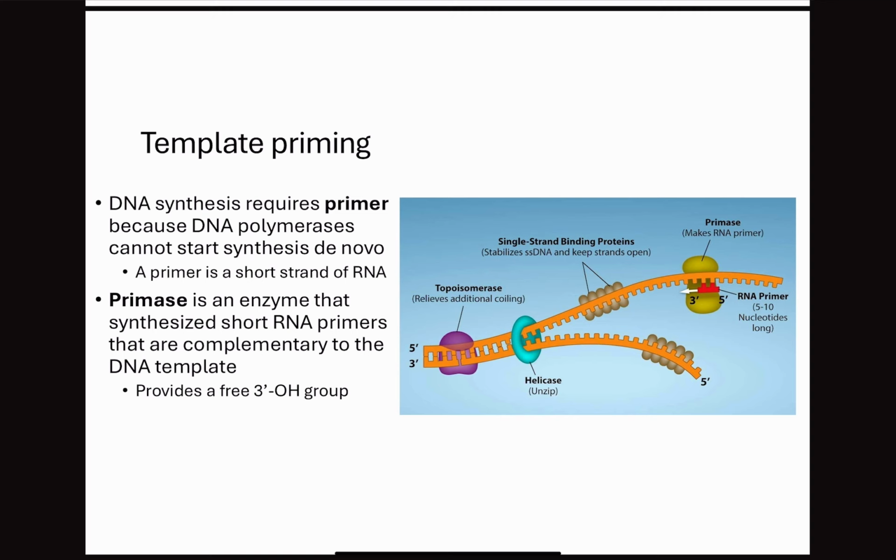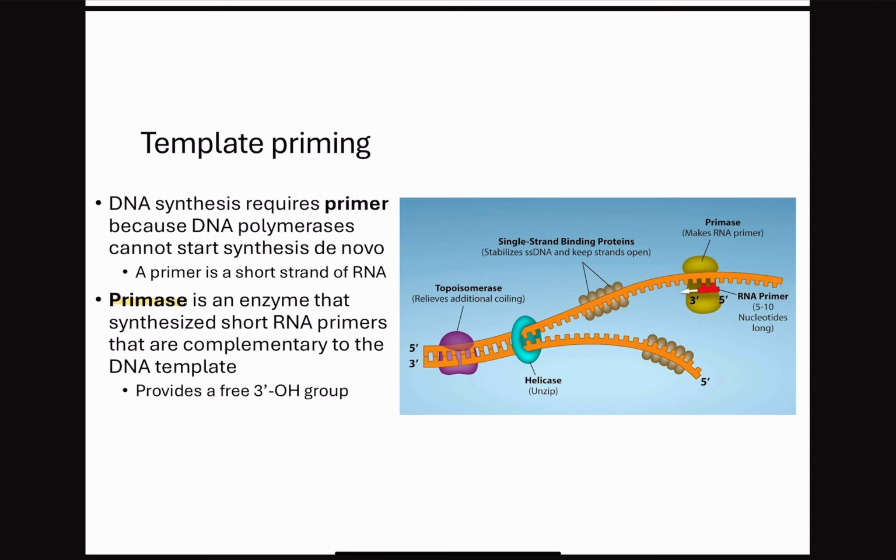So even though our original strands are ready, DNA polymerase, which is the main enzyme that builds new DNA, cannot just start working out of nowhere. It needs a small section of nucleotides that are already in place to grab onto, and that's where primase comes in.